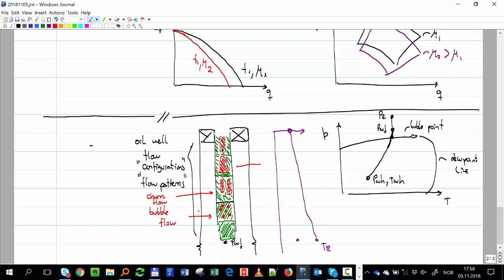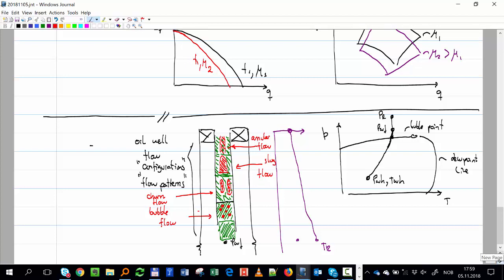This one here is called slug flow. And this one here is called annular flow, depending on how much gas I have and how the velocities are arranged in the pipe.